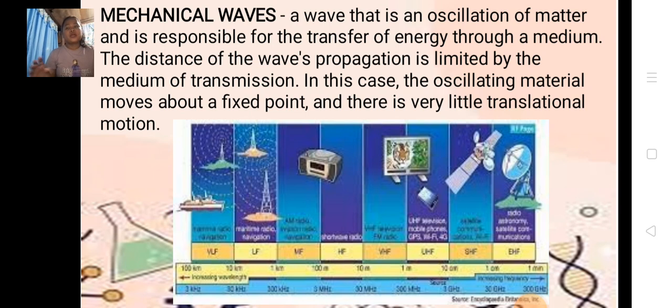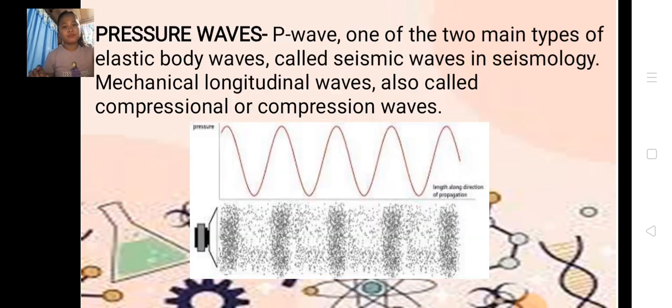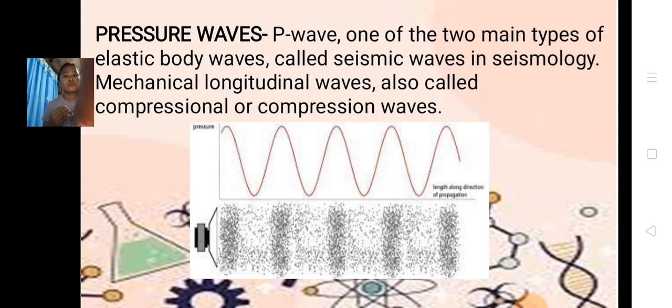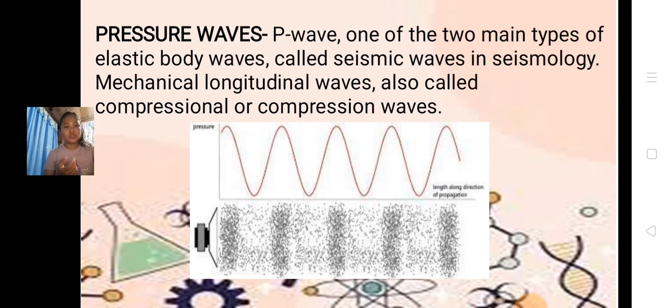Other examples of mechanical waves are sound waves, earthquake waves, and water waves. That is the example of mechanical waves, taken from the three main types. Mao ni siya ang mga example niya. Pressure waves, or P waves, are one of the two main types of elastic body waves called seismic waves. In seismology, mechanical longitudinal waves are called compressional or compression waves.